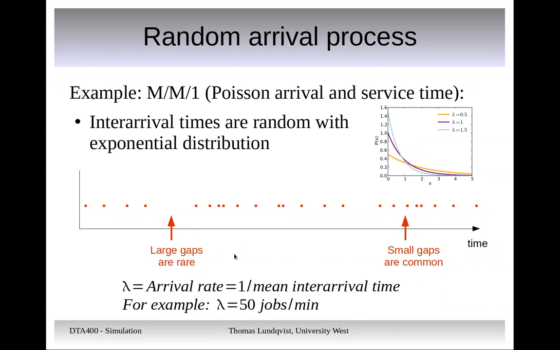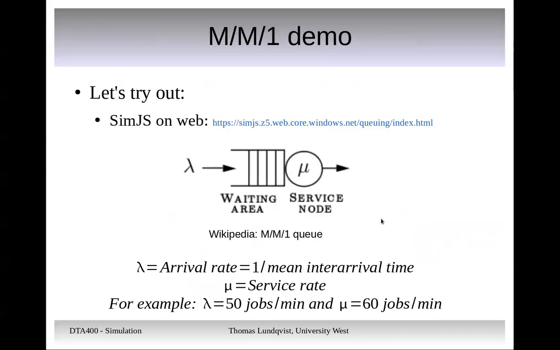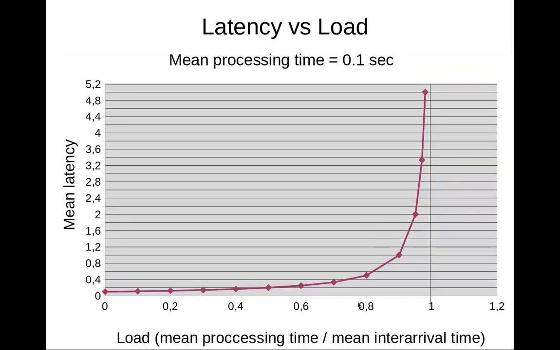So that's the nice thing about this. But the randomness is a little bit funny, actually. We will take a look at a simple model here. But first, this one. This is how a system might really behave. If you have the load, that means the processing time of the service station divided by the arrival time on average.